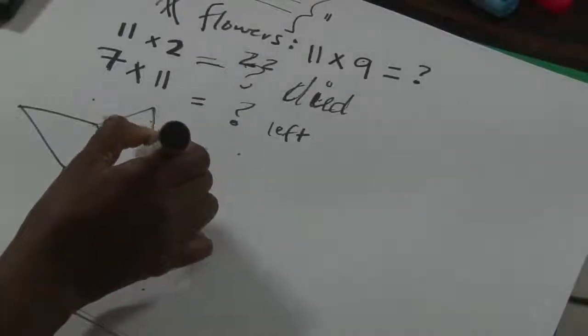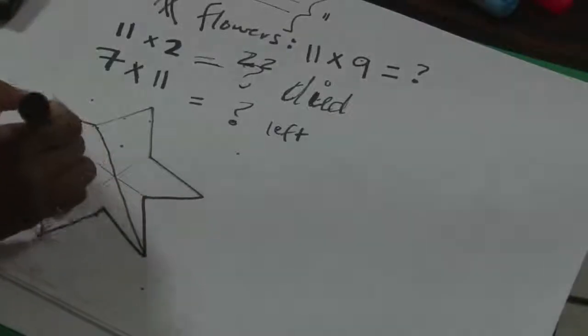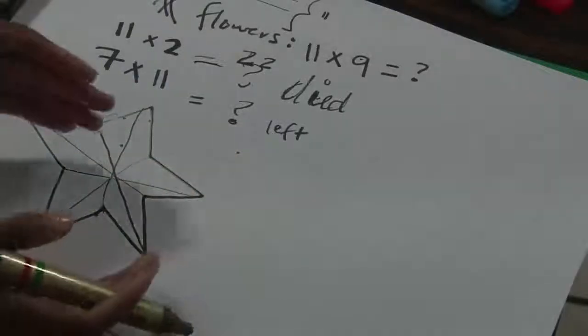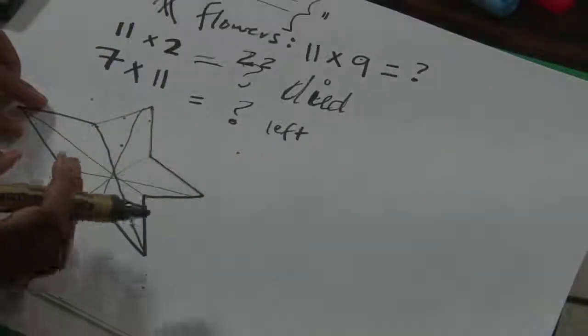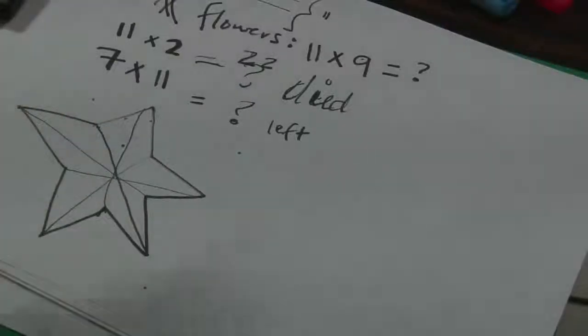If you fold it here, the same. If you fold it here and here, these two will come together, and this one will fold. So you will eventually see that it is 5 times.